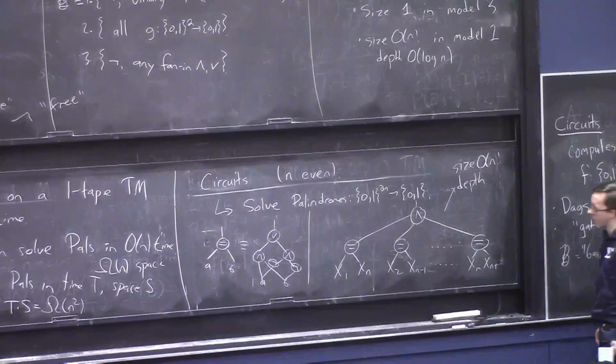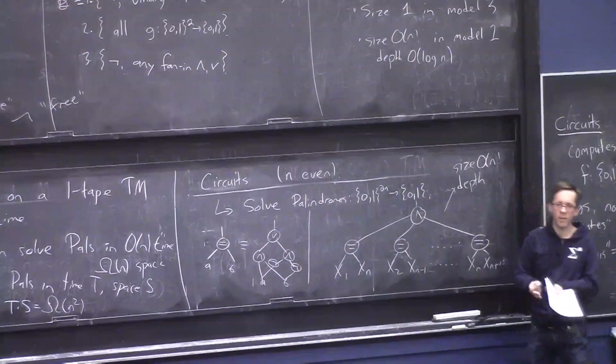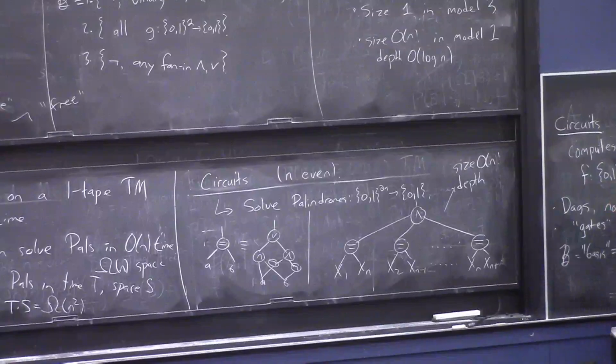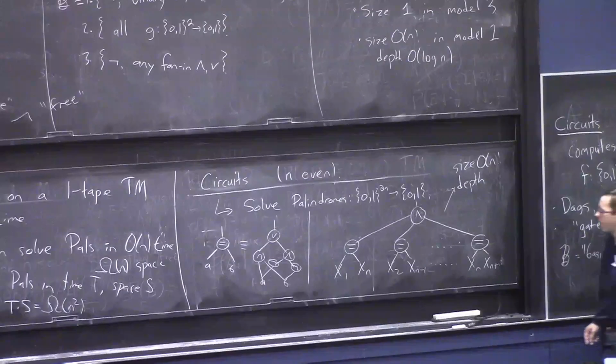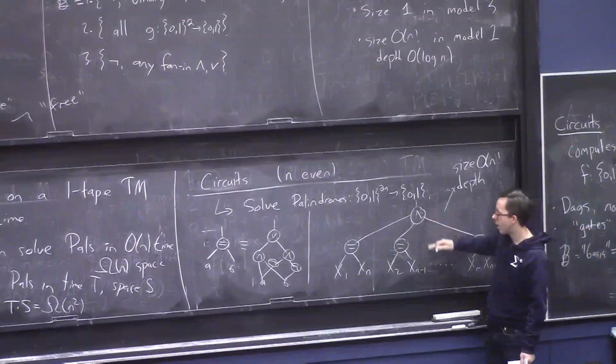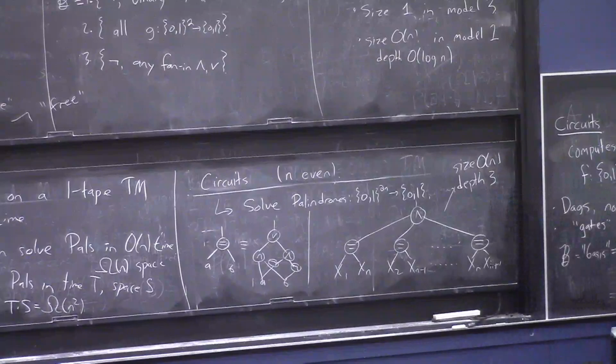And then once they're at the bottom, you can just pretend that the inputs are x1 through xn together with the negations of x1 through xn. Then you only have to worry about counting AND and OR gates, and it's kind of convenient. So in this case, if you do that, this will look like a layer of AND, OR, and AND, so it'll have depth 3. So this is another example of how you can solve a non-trivial problem in constant depth in this model where you have unbounded fan-in AND and OR gates.